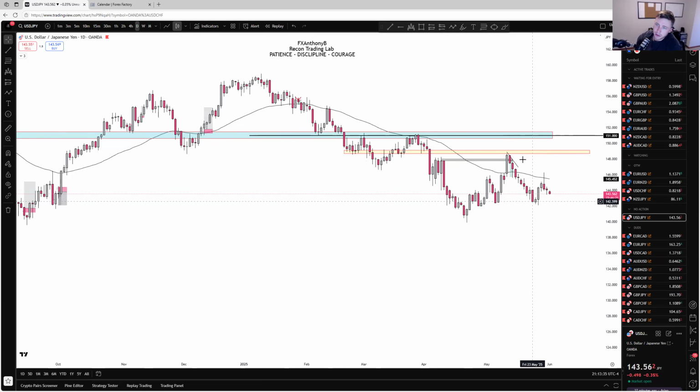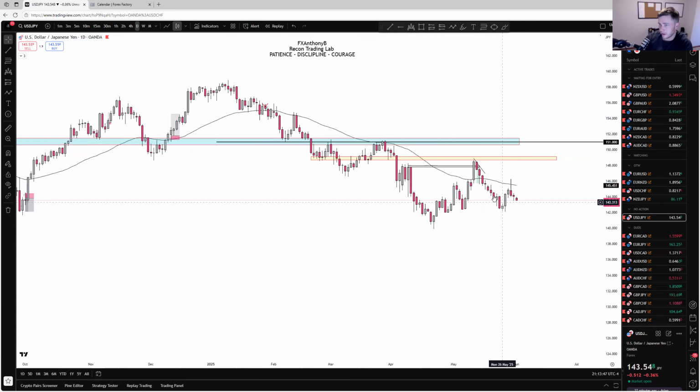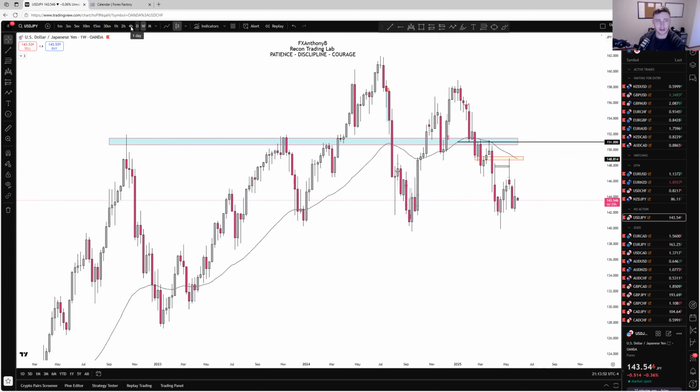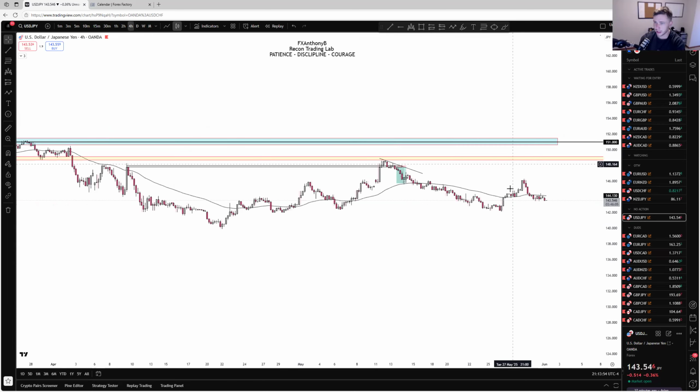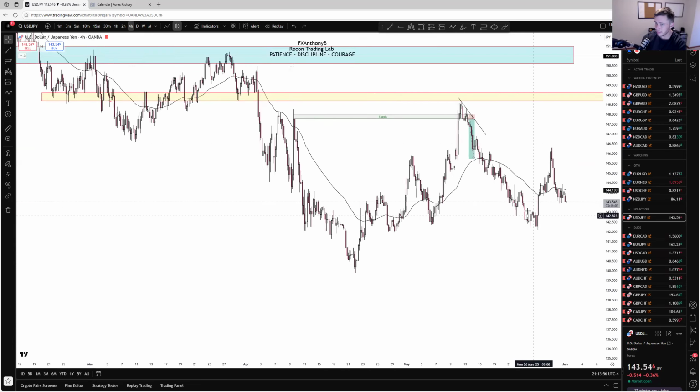Lower high, lower low. Lower high, lower low. I'll grab my arrow. Higher high, higher low. Shift in structure. Lower high, lower low. Lower high, lower low. Shift in structure. Higher high, higher low. This is an inducement that has been mitigated. There's your BOS. The price is coming back. Daily's bullish. Daily's bearish. 4-hour is going to be bearish as well.